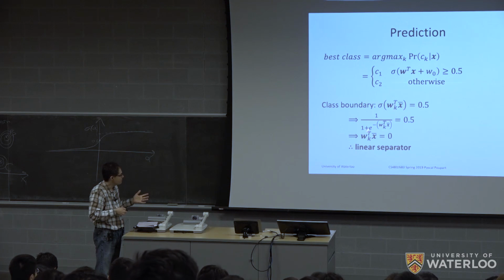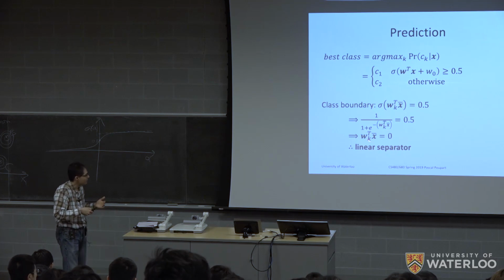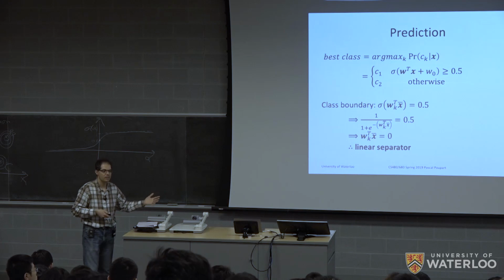If I rewrite my sigmoid, I get this. I can simplify this so that it corresponds to just W transpose X bar is equal to 0. So what this means is that this is a linear expression in X, and therefore our separator here is linear.